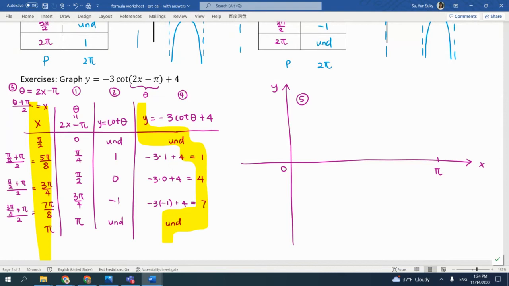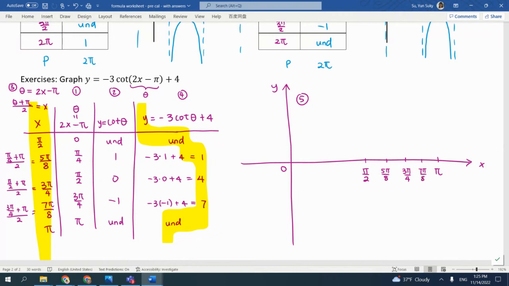Maybe the furthest is 3 pi. Is that okay, everybody? And at pi, the middle is pi over 2, and then the middle will be 3 pi over 4. Do you agree? And then the middle is 5 pi over 8, and here the middle, 7 pi over 8.